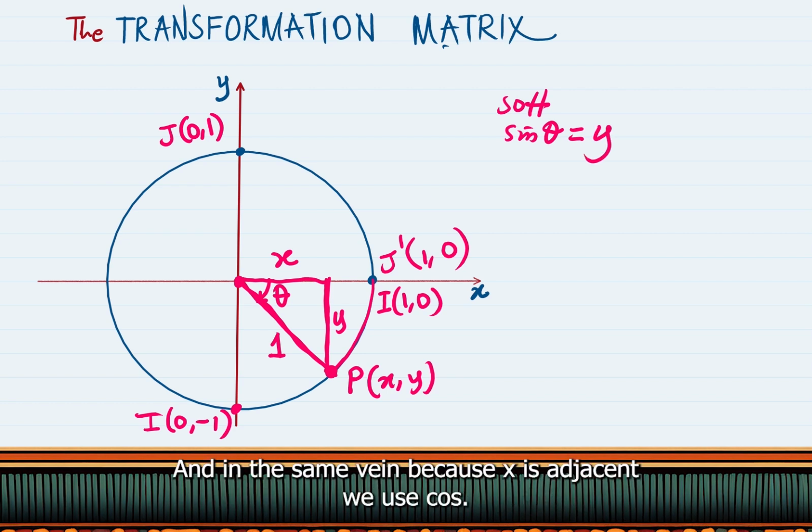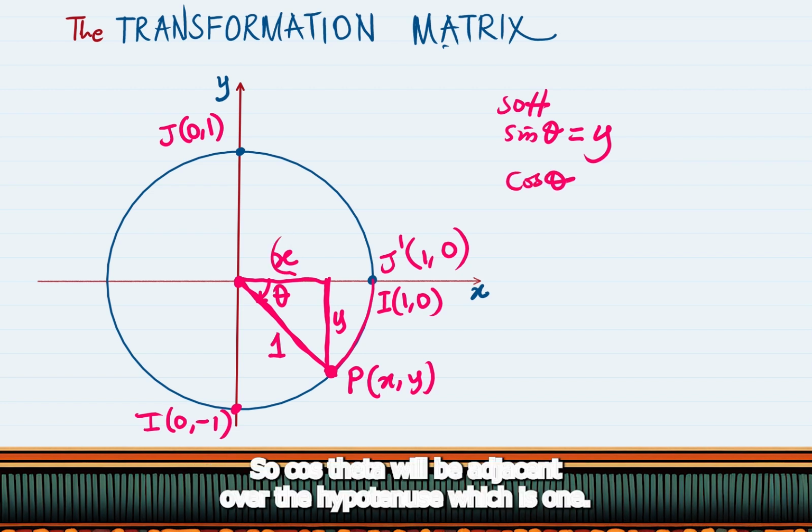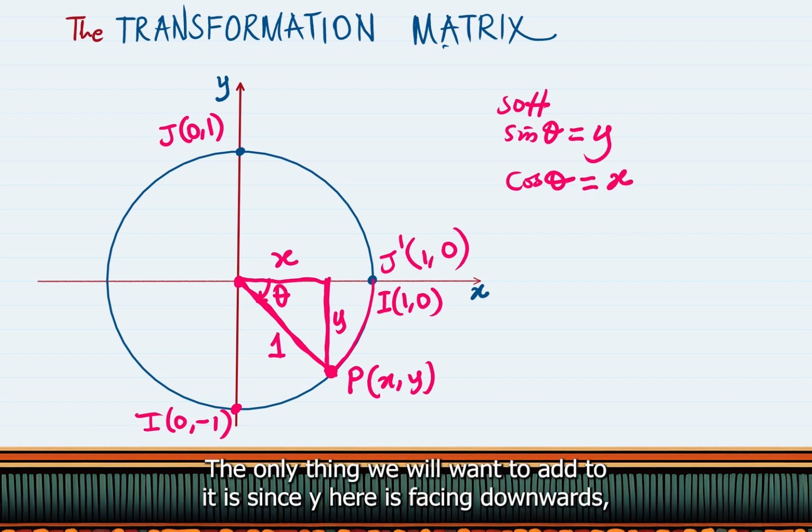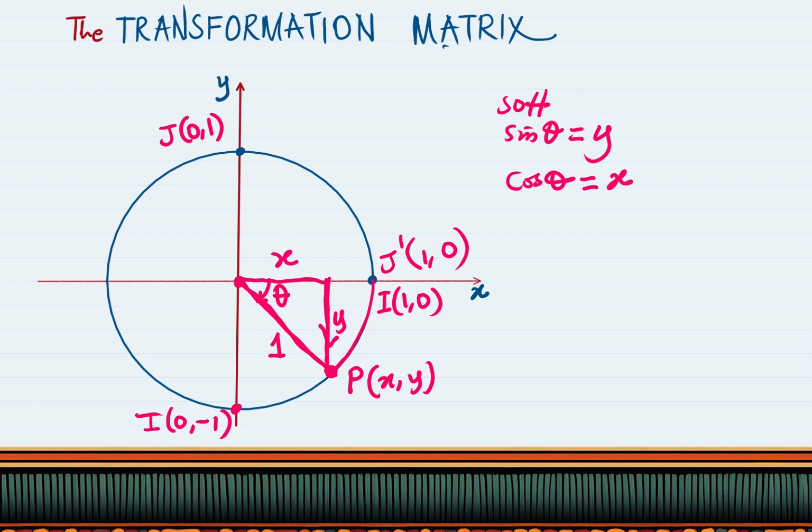And in the same vein, because x is adjacent, we use cos, so cos theta will be adjacent over the hypotenuse, which is 1. So cos theta equals x. The only thing we will want to add to it is, since y here is facing downwards, we know that that downwards part represents the negative y-axis, which means that y equals minus sine theta.